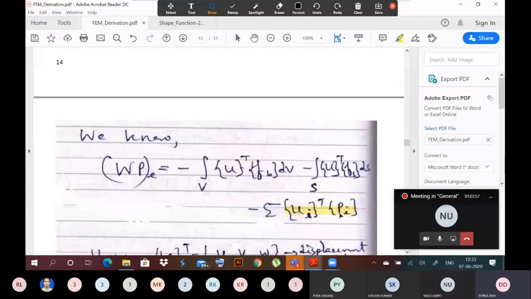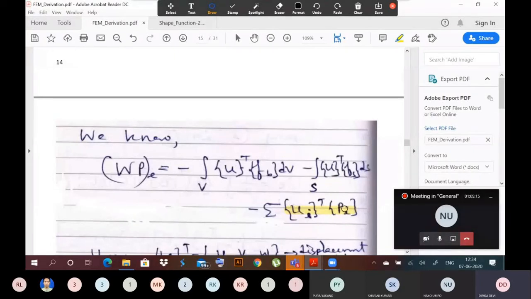For example, let's say at the node we have point load acting Px, Py and Pz. Then what will be the work done by the point load? It will be Px into the displacement along the x direction, that is u, plus Py into the displacement along the y direction, that is Py into v, plus Pz into the displacement along the z direction, that is Pz into w.